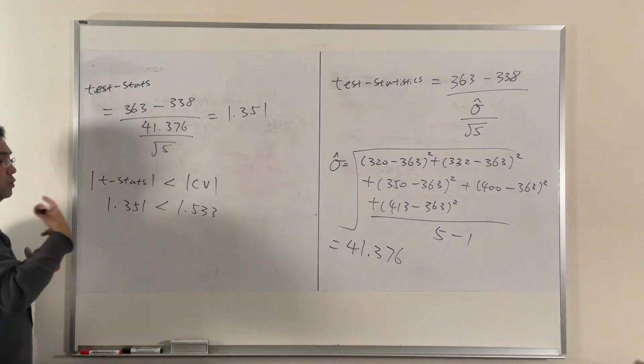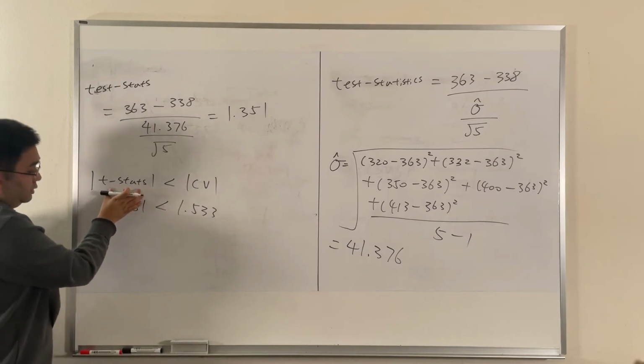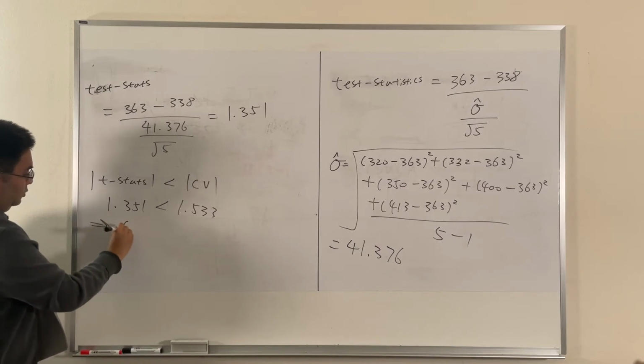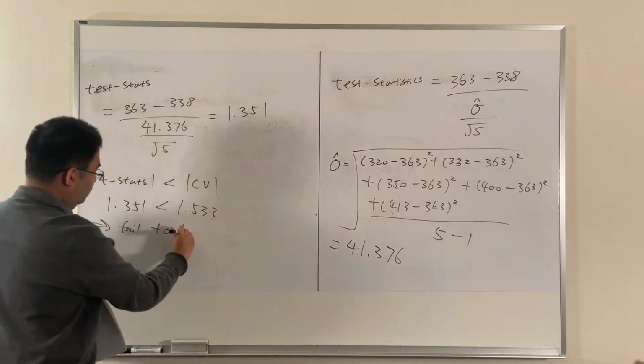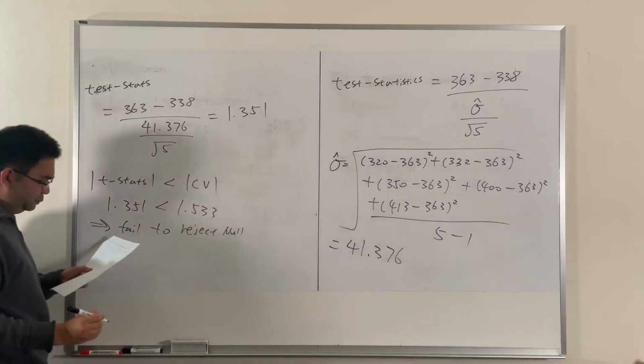So we fail to reject the null hypothesis, right? Because the t-stat or the test statistics is less than the critical value. The conclusion is we're going to fail to reject our null hypothesis.